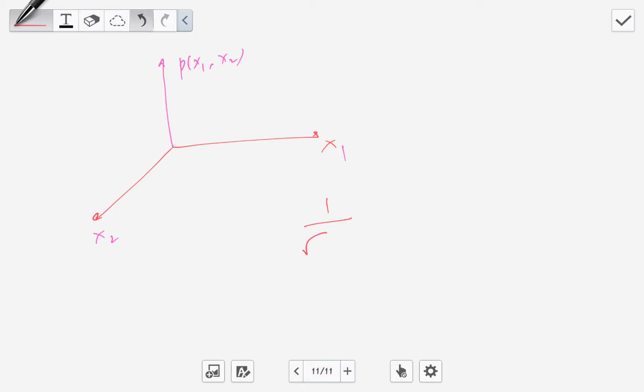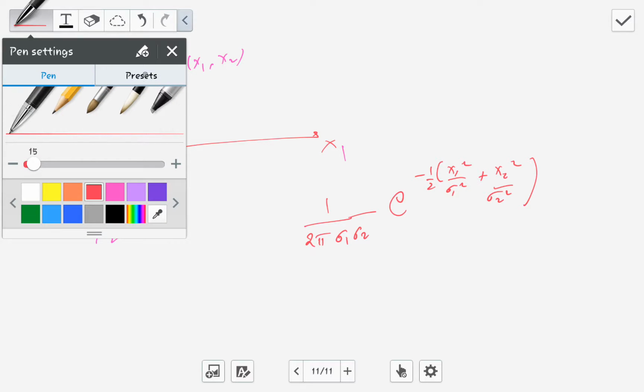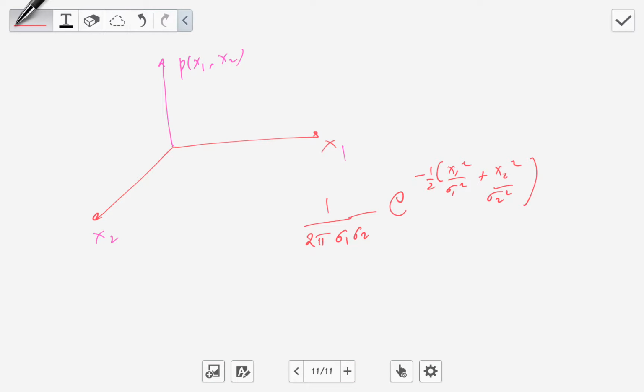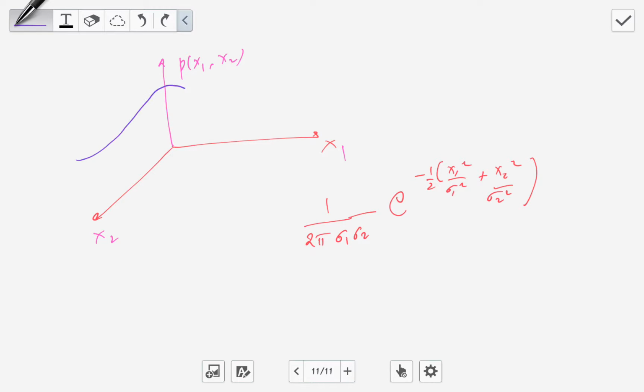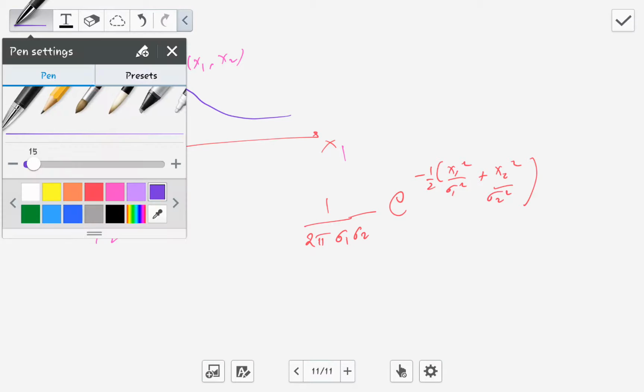It is 1 by 2 pi sigma 1 sigma 2, e to the power minus a half times x1 squared by sigma 1 squared plus x2 squared by sigma 2 squared, right? Now how do the contours of this look? We know this Gaussian looks something like a circular, elliptical kind of thing. So we know this.